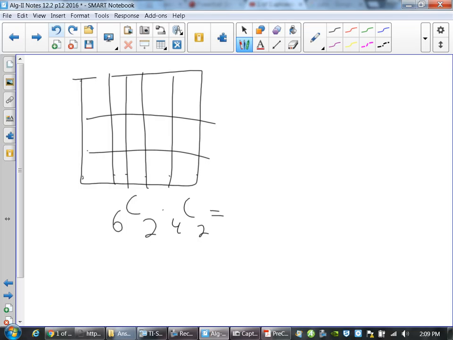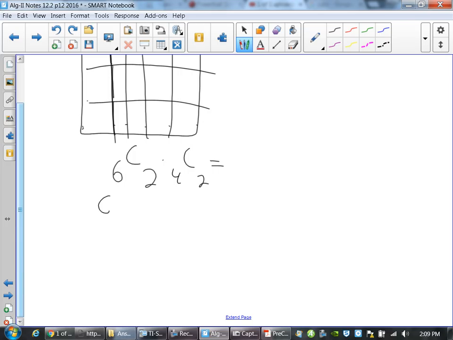Why don't you have all the ones in between? Because this line is the same as this line is the same as this line because it's all one line. So this is 6, 5 over 2. And this is 4, 3 over 2.